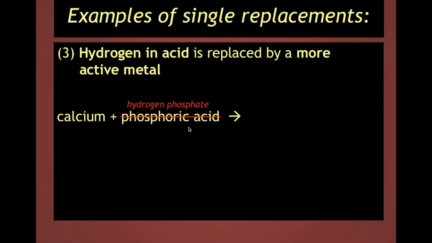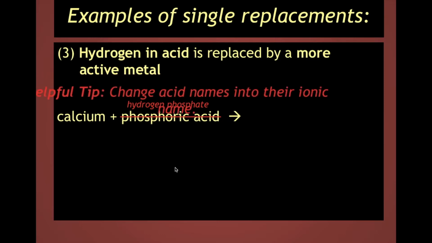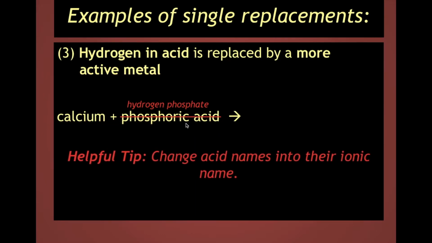Remember with the acids, if it ends in ic, ate, or ite, make sure to review your naming acid rules. In this case, if the ending ends in ic, the original ending was ate. That's how you would find out what your other ion name is.